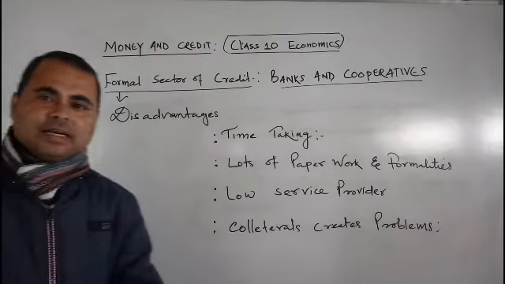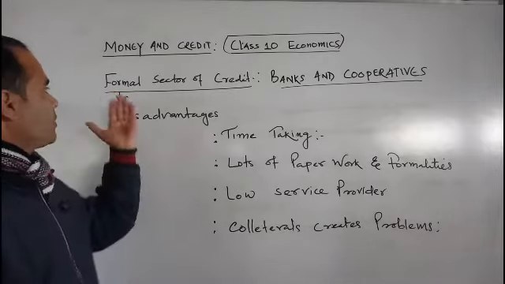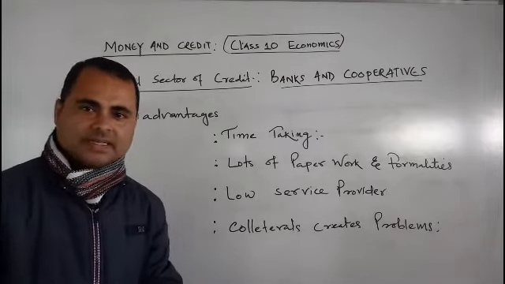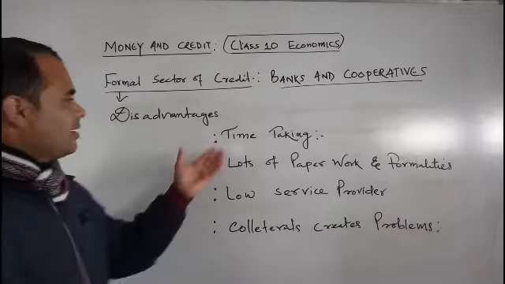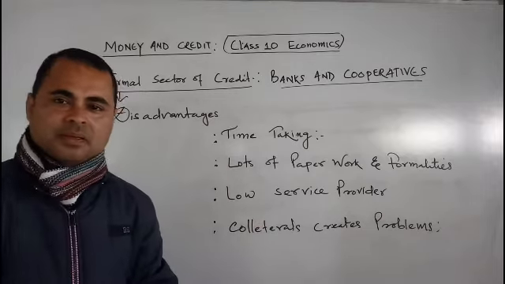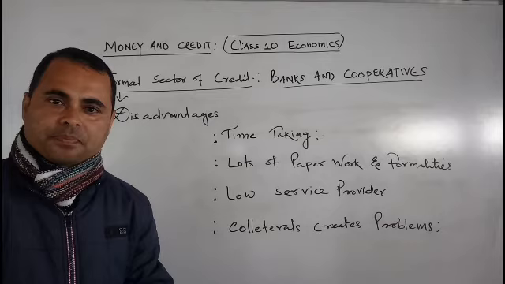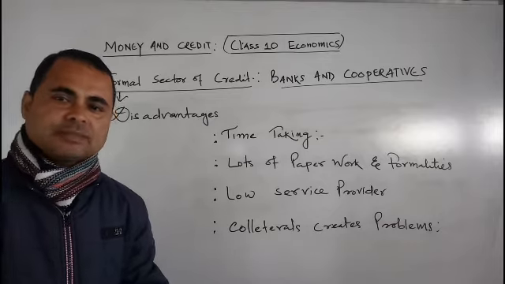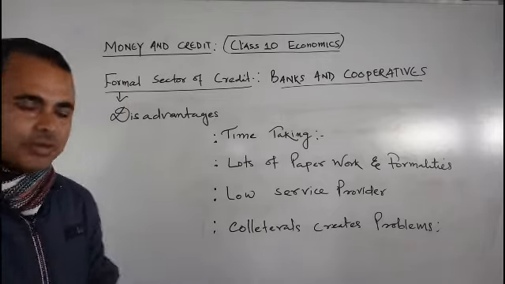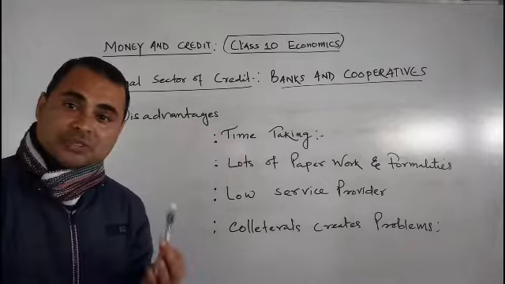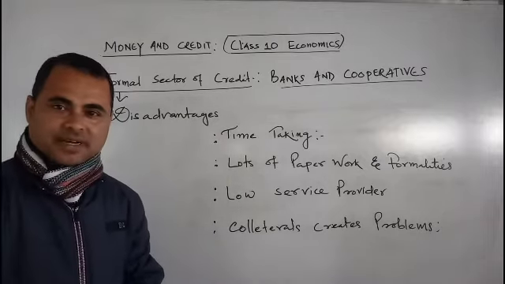So the disadvantages with the formal sectors of credit are what? They are time taking. In an emergency, you cannot expect to get a loan within a quick time as you get in informal sectors of credit.